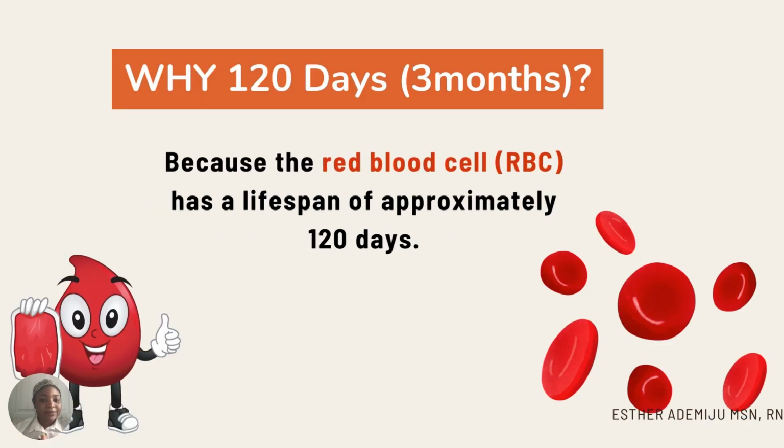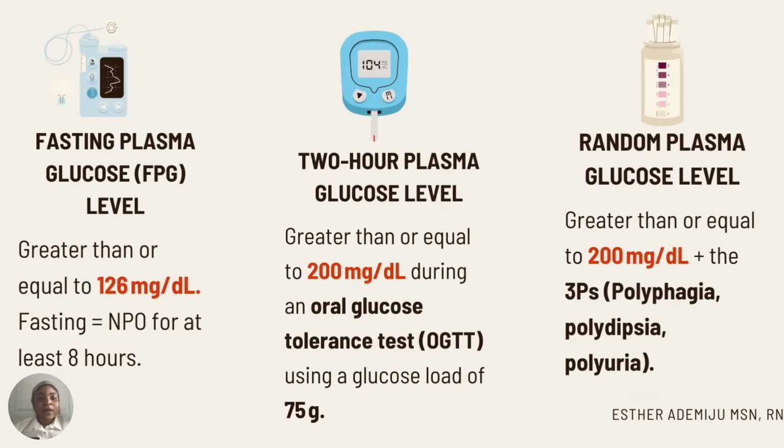The reason for that is because your red blood cell, which carries your hemoglobin, has a lifespan of 120 days. So every 120 days, you make a new red blood cell. So that's why we are able to get that good measure of your glucose level versus just doing a random blood sugar test. Now, aside from the A1C, other tests that we can do is the fasting plasma glucose.